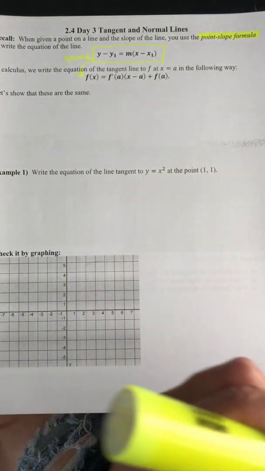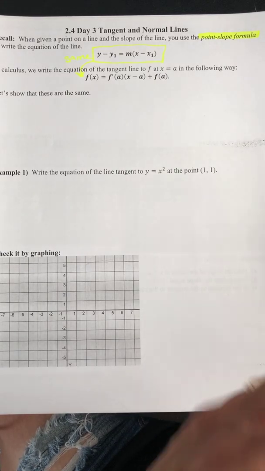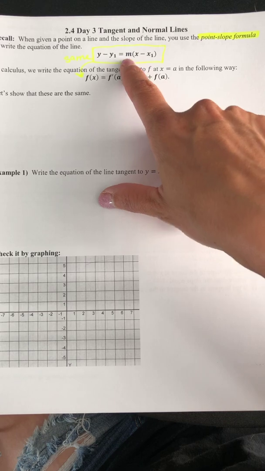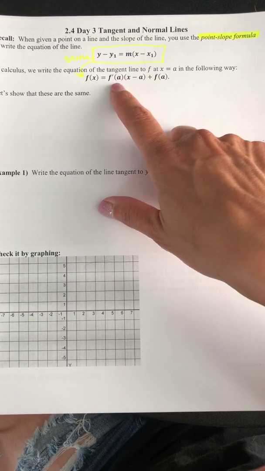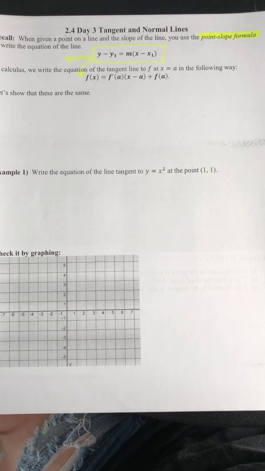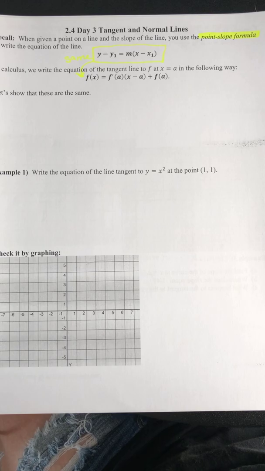It's still point-slope form, and we know that the derivative of a function is the same as the slope, because it's the tangent line to that curve, okay? So it's the slope of that line at that point. And so yeah, let's show that these are the same.